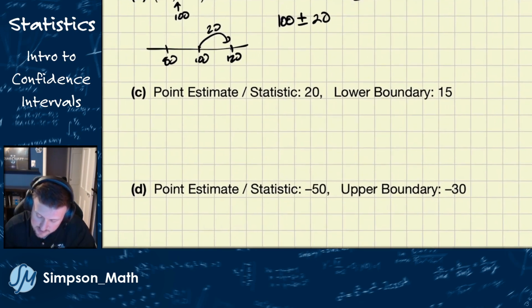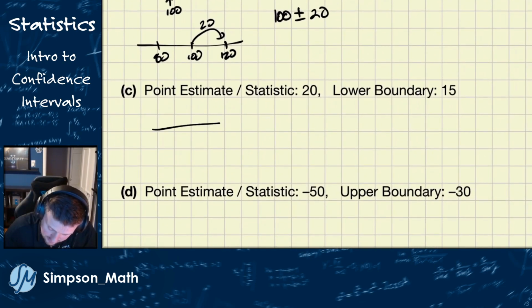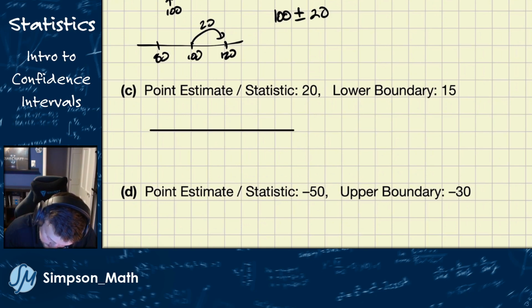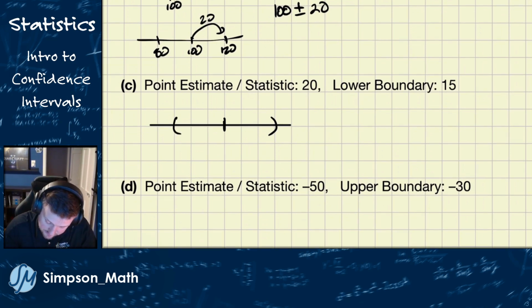All right, so for this one, I'm going to mark it with a number line here. So if I have a number here in the middle, there's my upper bound, put parentheses here, and a lower bound here, let's put parentheses here. So what do I know? I know that my point estimate is 20, my lower boundary is 15. So what can I see from this?